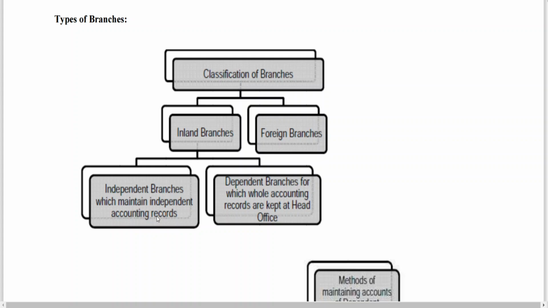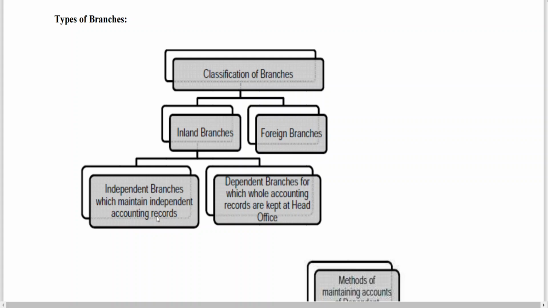Today I'll be giving you a brief idea about the things which we need to learn. Generally, for doing the problems, whenever you talk about any trial balance, you know that it's for final accounts.